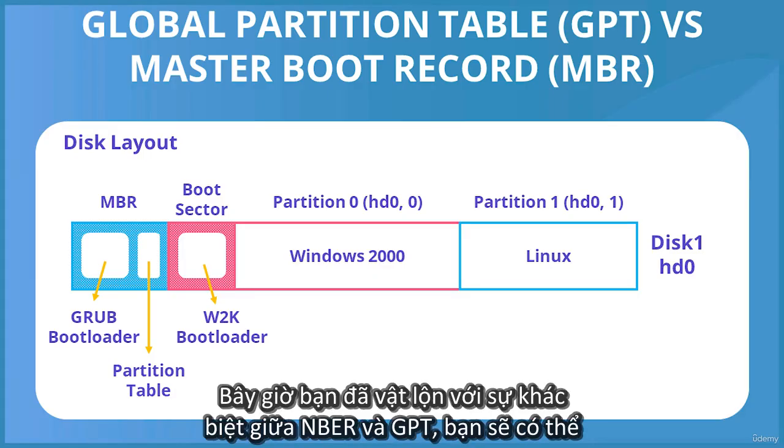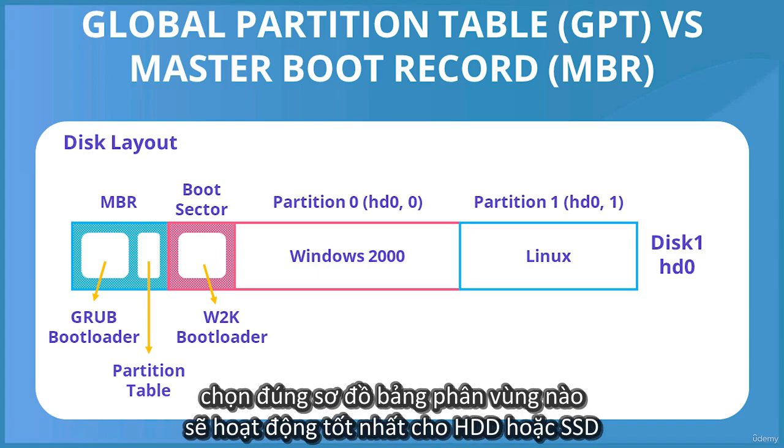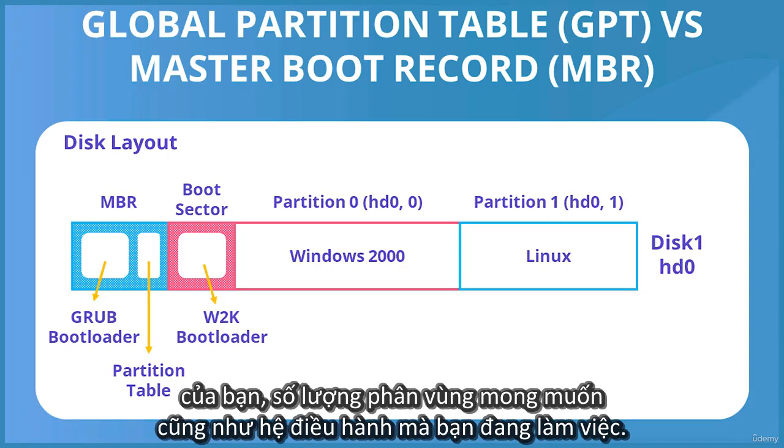So now that you have wrestled with the difference between MBR and GPT, you're going to be able to correctly choose which partition table scheme is going to work best for your HDD or SSD, your desired number of partitions, as well as the OS that you're working with.